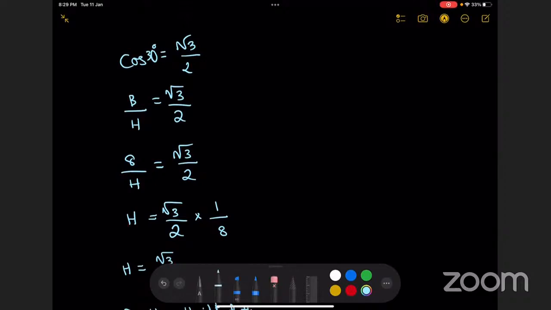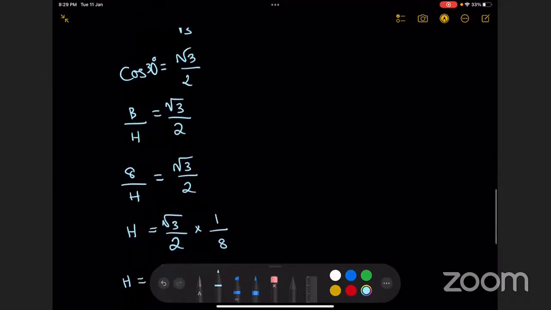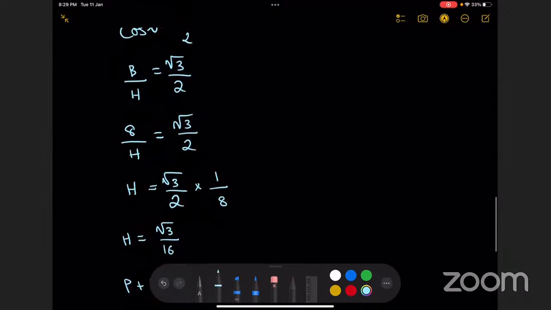ठीक है। See, इस वाले स्टेप को देखो, 8 upon hypotenuse is equal to root 3 upon 2, ठीक है? अब इसको क्रॉस मल्टीप्लाई करोगे तो 16 अपॉन रूट 3 इज इक्वल टू हाइपोटेन्यूज आएगा, whereas आपने उसका रेसिप्रोकल लिखा हुआ है. 8 into 2 is equal to root 3 into hypotenuse.